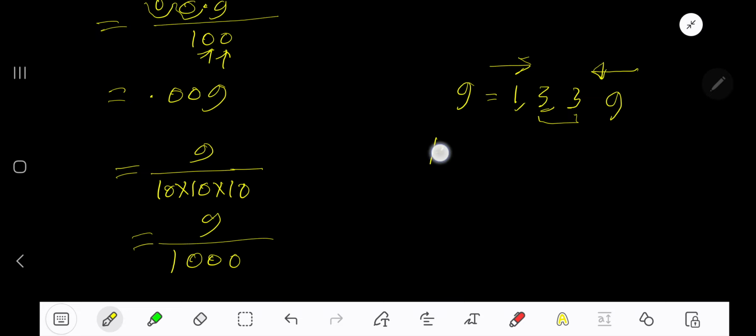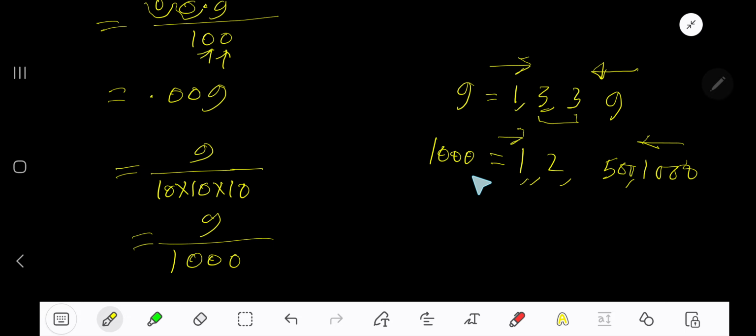Again, for 1000, look here: 1 times 1000 equals 1000. So 1 and 1000 are the factors of 1000. Then 2 times what? The number should be less than this, 500 equals 1000.